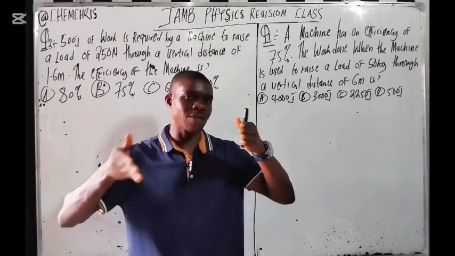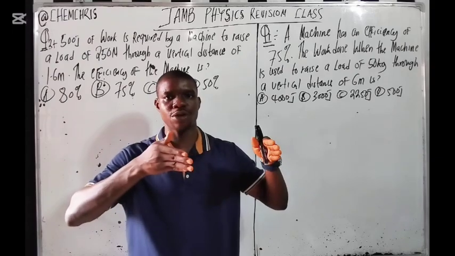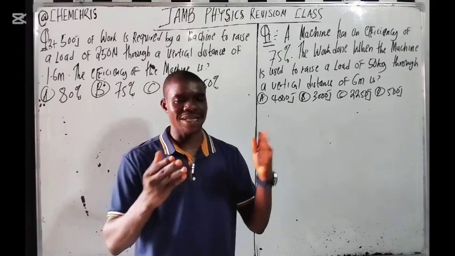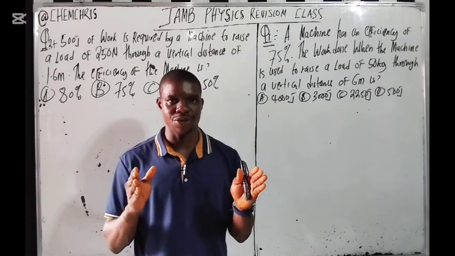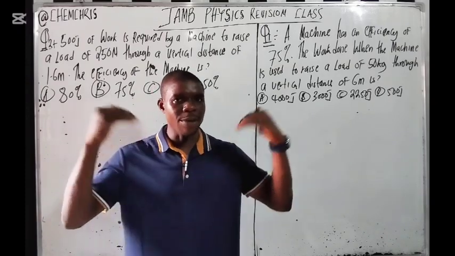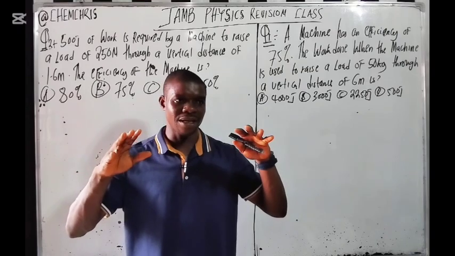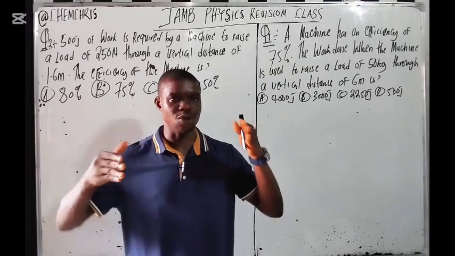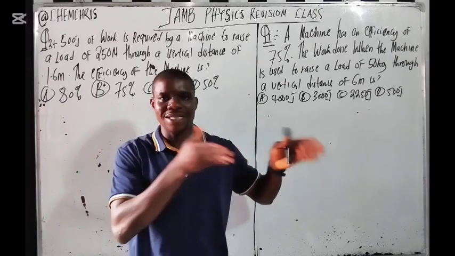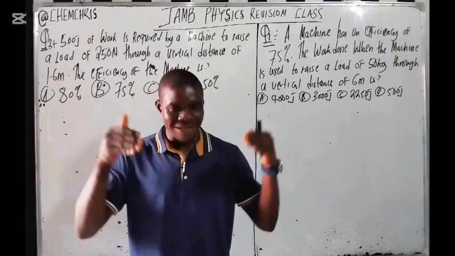This is a series of videos where I'll be solving 40 to 50 types of questions you're going to see in your JAMB examination. If you are going to write the upcoming JAMB, as of the time of me recording this video, JAMB is about 7 days away. My goal in this set of videos is to solve those topics that you will likely see in the JAMB examination.